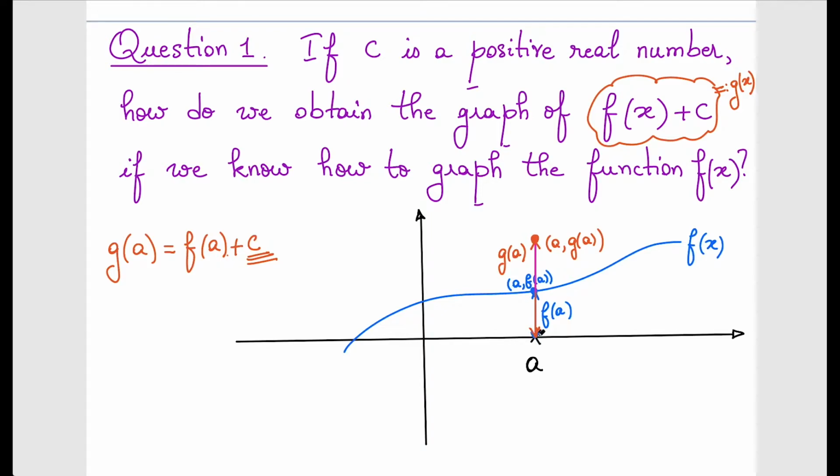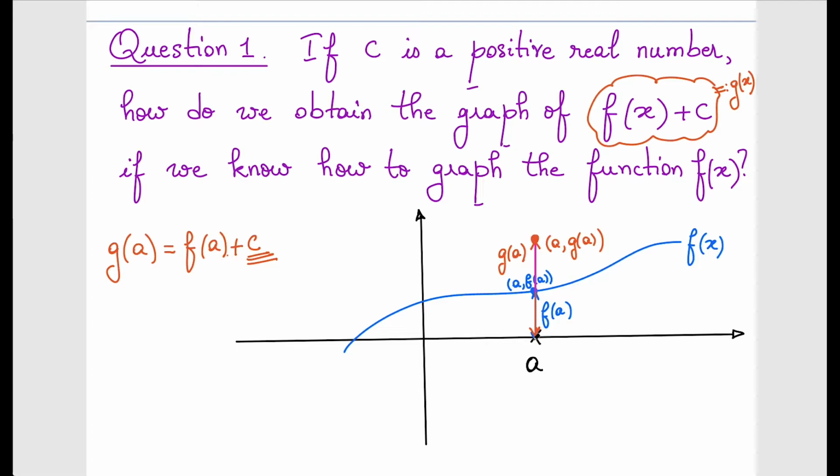If you take a point a in the domain of the function f, well, first of all, understand that the domain of g and the domain of f are the same, right? Whatever allows f to be meaningful allows g to be meaningful, correct? And vice versa. So the two domains are the same. Let's take a point in the domain of f and hence of g.